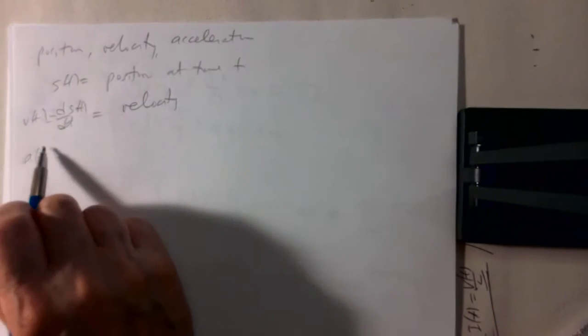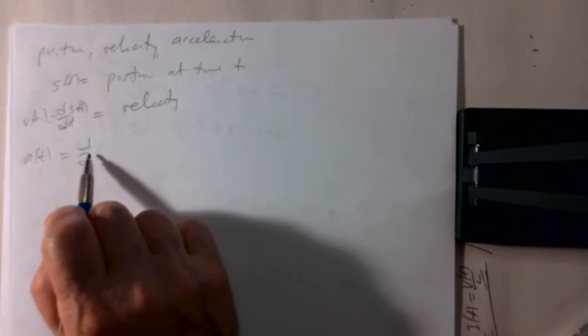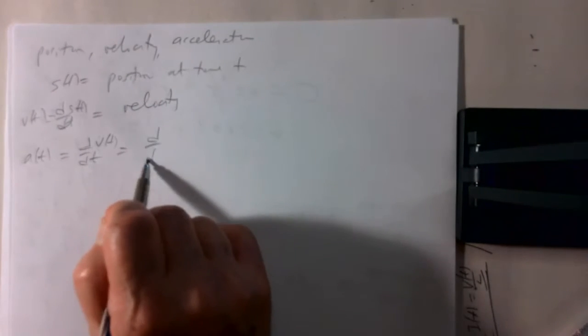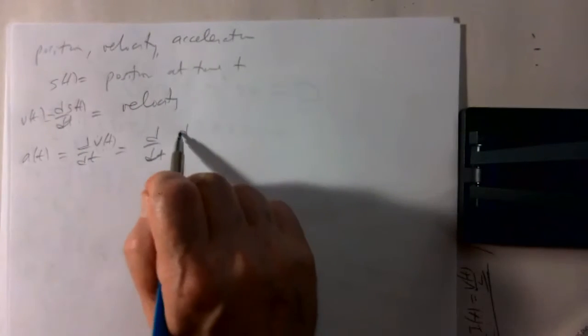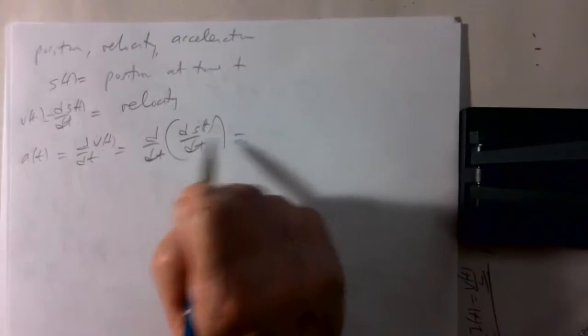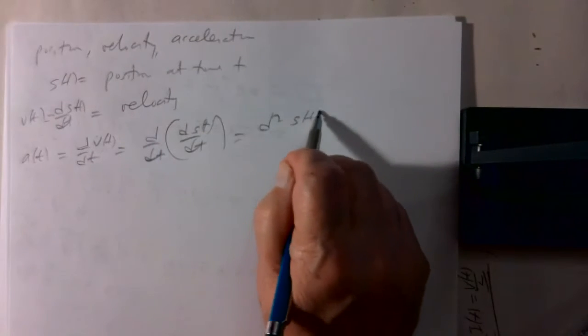What is called the acceleration, a of t, is the derivative of the velocity. But velocity is the derivative of the position. So this means the derivative of the derivative, the second derivative.